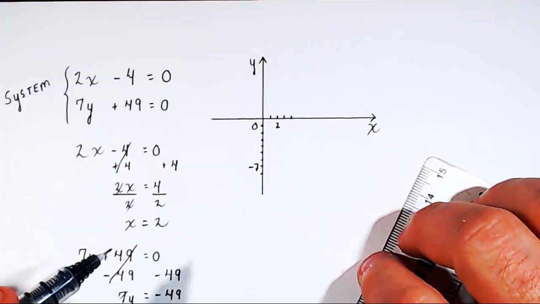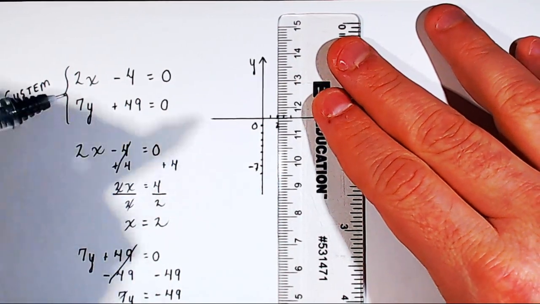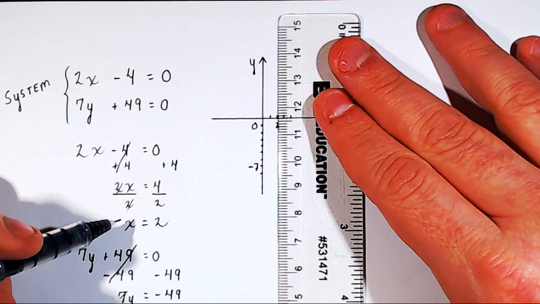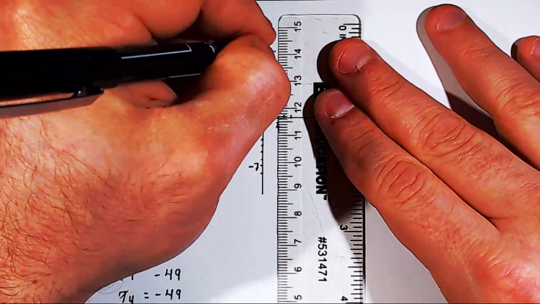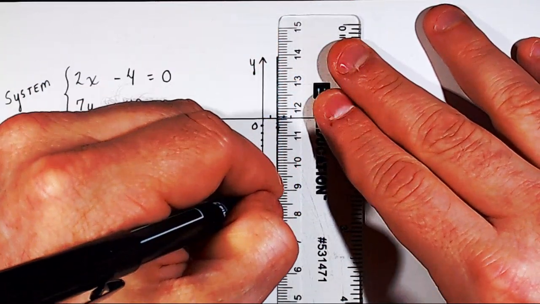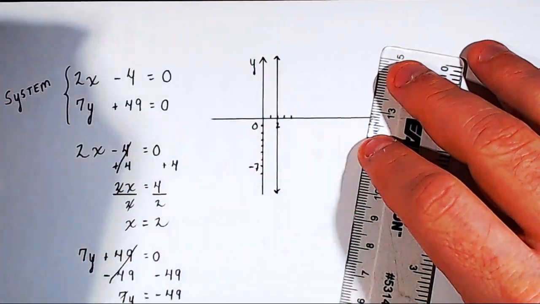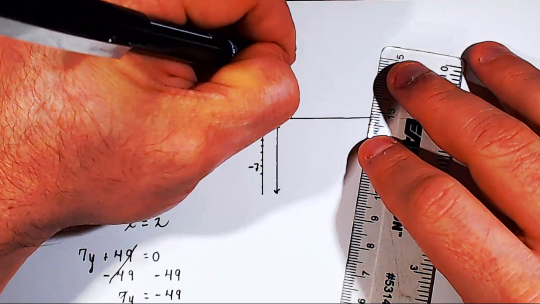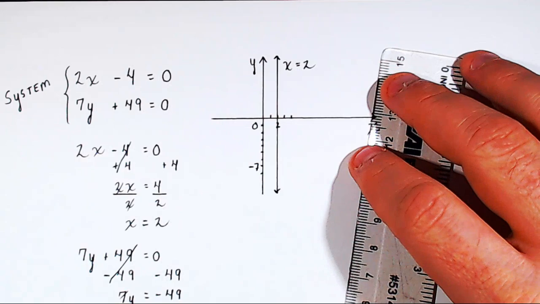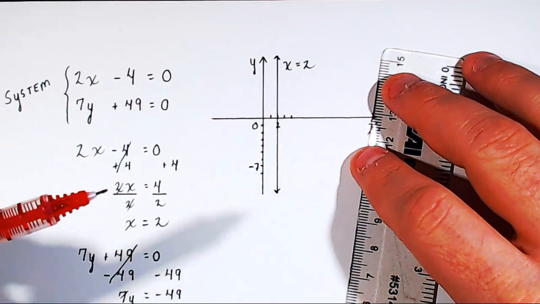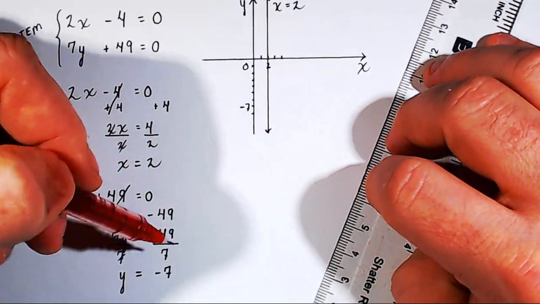Okay, so x equals 2. Remember, when you have just x by itself and you're going to graph it, it's a perfectly vertical line. The slope is undefined. So here's your line. This is line x equals 2. Now let's graph, we'll use red pen to graph the y value. y equals -7.